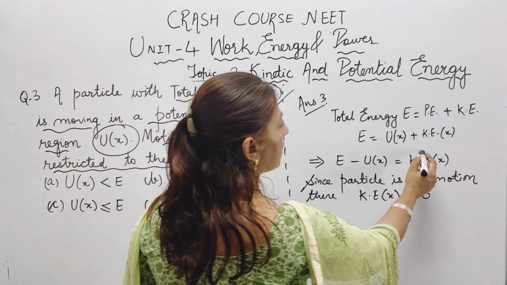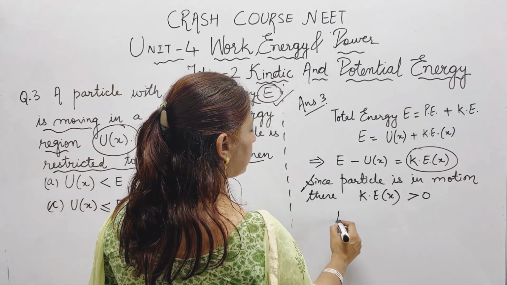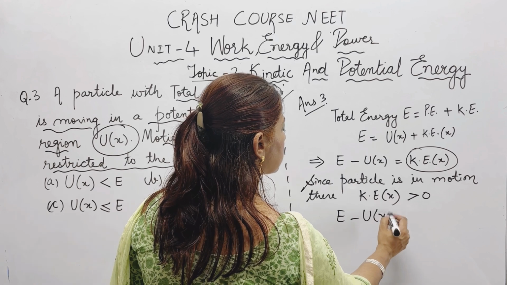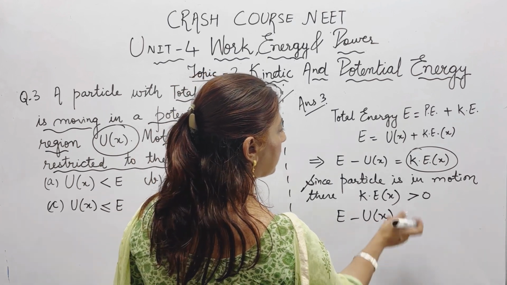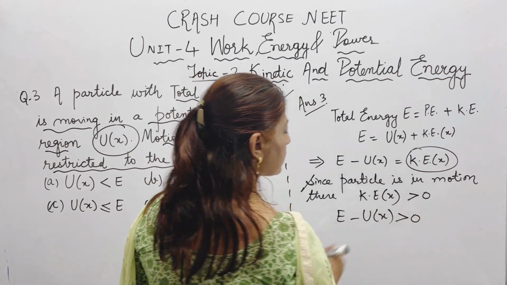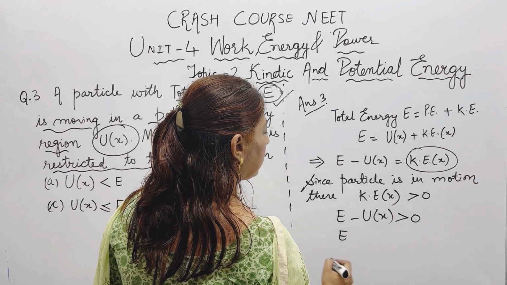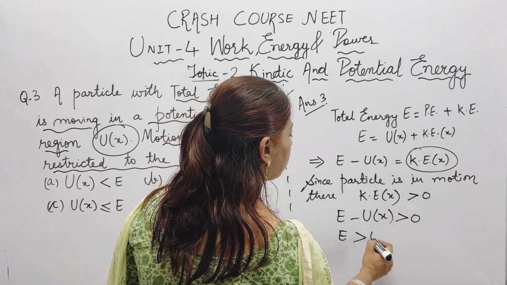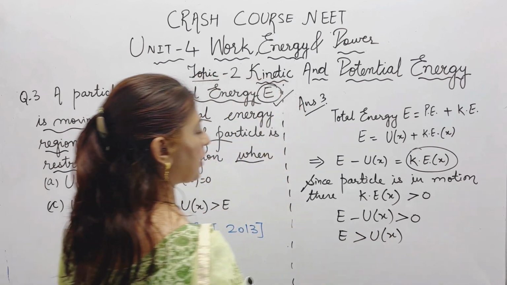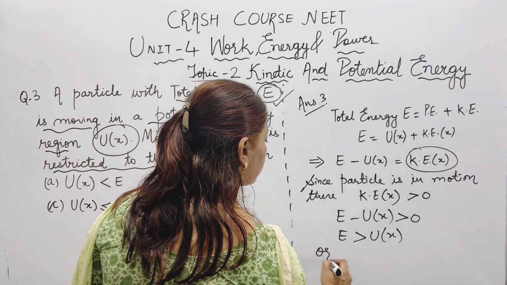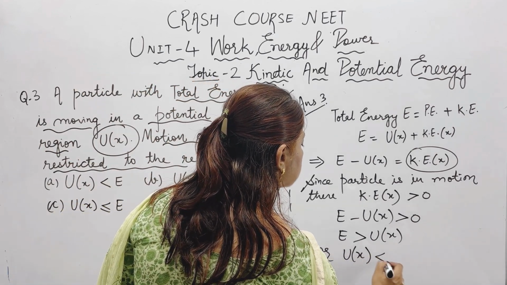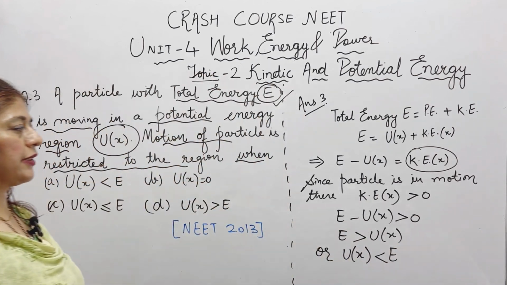If kinetic energy is greater than 0, then E minus U(x), that is the total energy minus potential energy, is also greater than 0, or E, the total energy, is greater than the potential energy, or potential energy is less than the total energy.